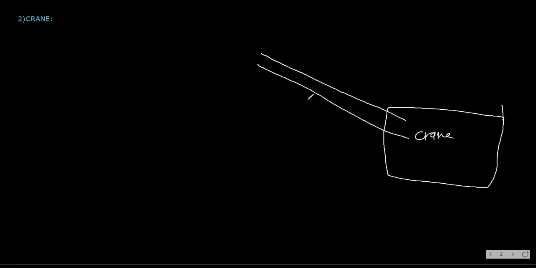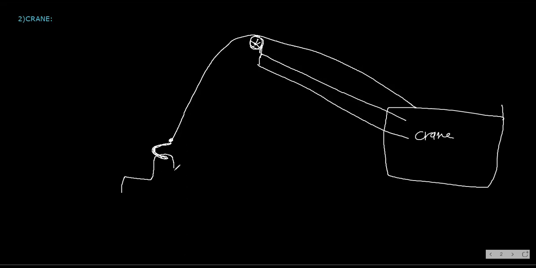Here there will be one pulley, and this wire will be there. At this wire you will have something like a hook. Have you seen? Like this, the hook will be there. Now suppose this is the vehicle which we want to lift, something like this broken vehicle.